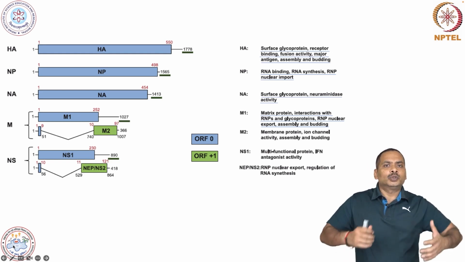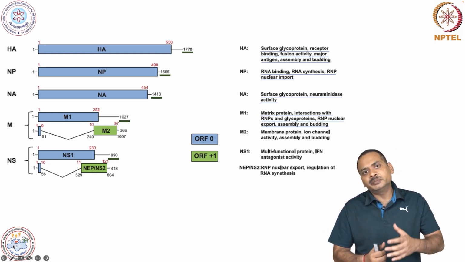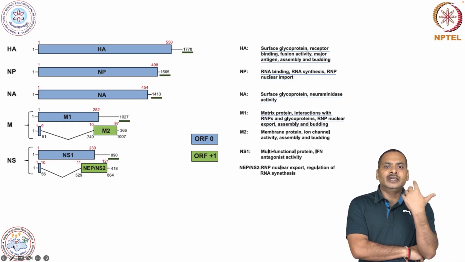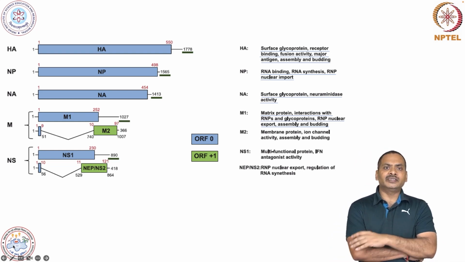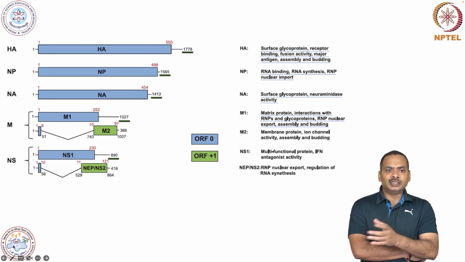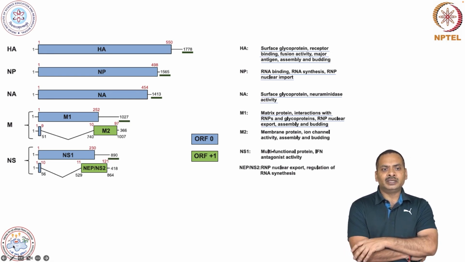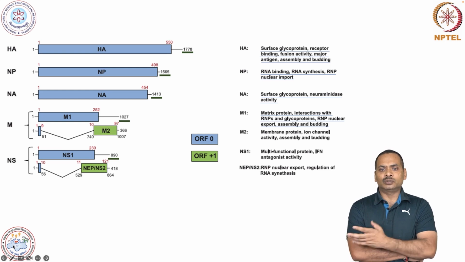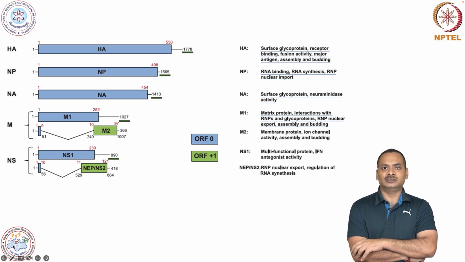Basically this protein plays an important role in immune evasion. It antagonizes the activity of type 1 interferon. Another protein is NEP/NS2. NEP/NS2 plays an important role again in RNP nuclear export and regulation of RNA synthesis.